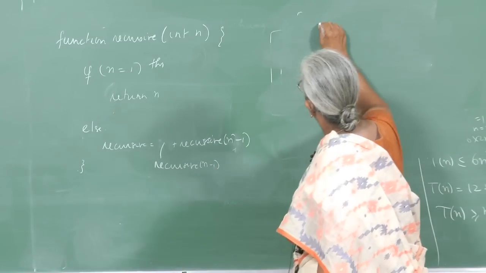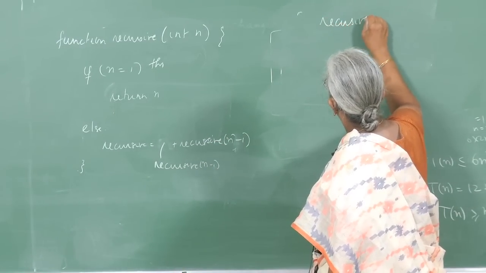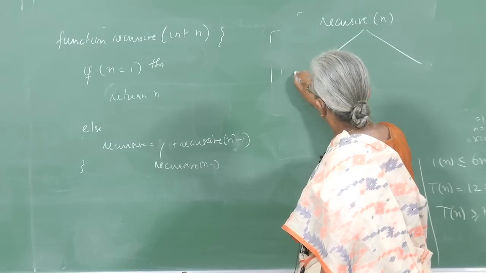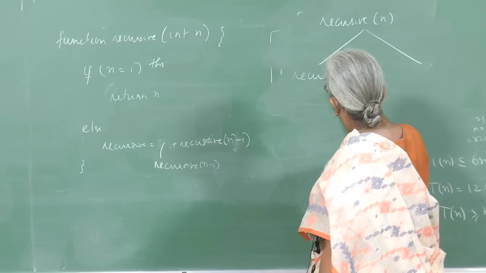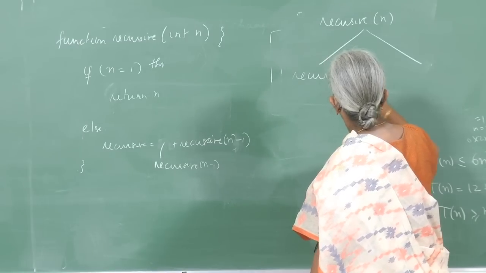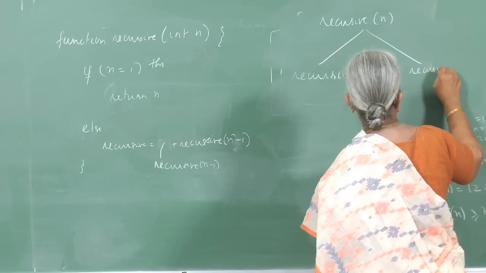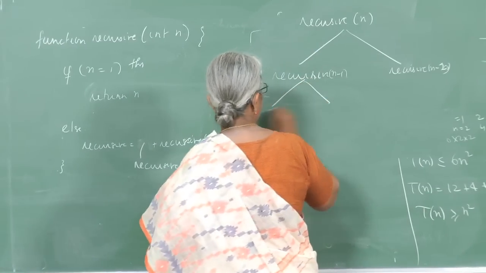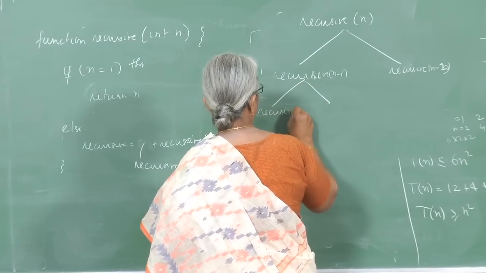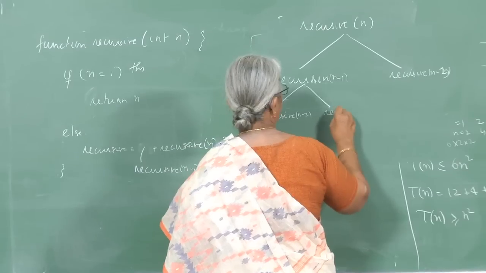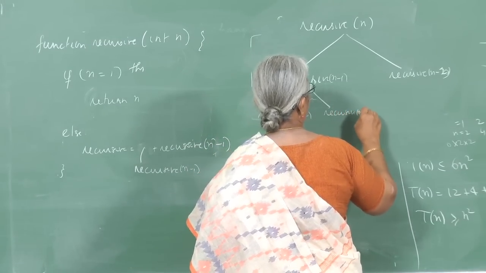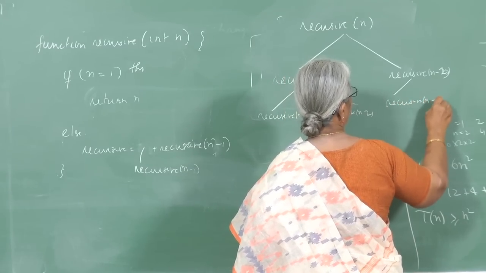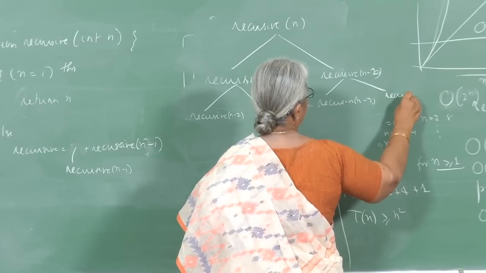I started off with the topmost recursive of n, and it is going to call recursive of n minus 1 and recursive of n minus 1, and this one in turn is going to call recursive of n minus 2, recursive of n minus 2, and this recursive is also going to call recursive of n minus 2 and recursive of n minus 2.